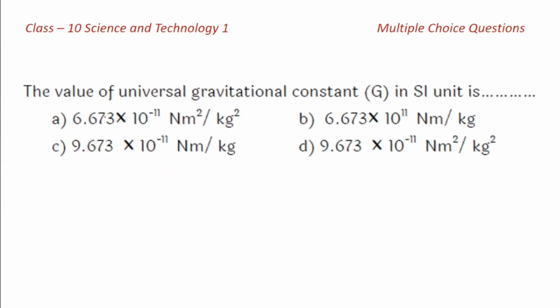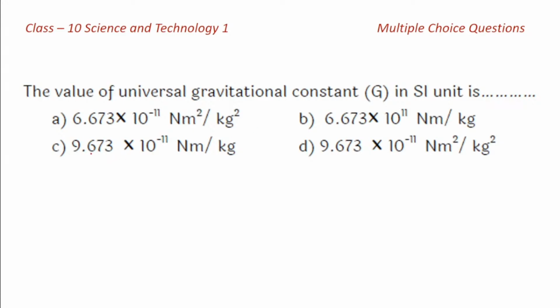Next question is, the value of universal gravitational constant, that is G, in SI unit is dot dot. Four options are 6.673 into 10 raised to minus 11 Newton meter square per kilogram square. Second option is 6.673 into 10 raised to 11 Newton meter per kilogram.